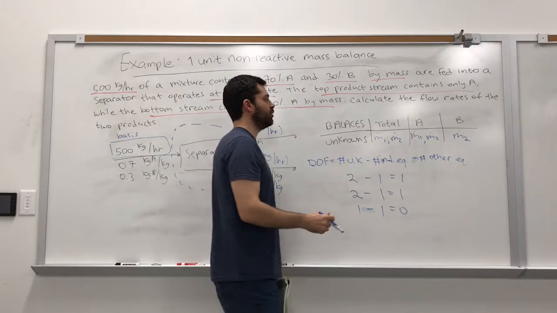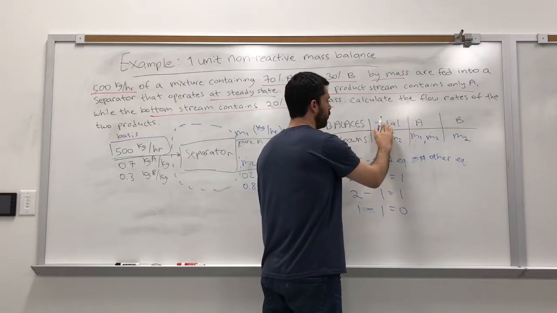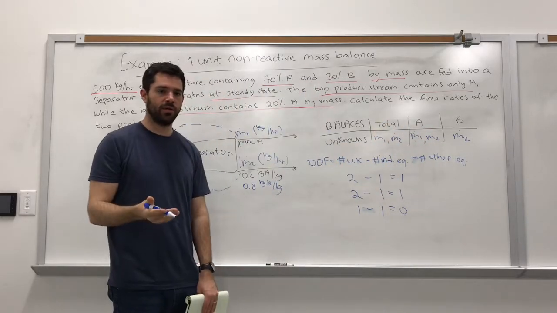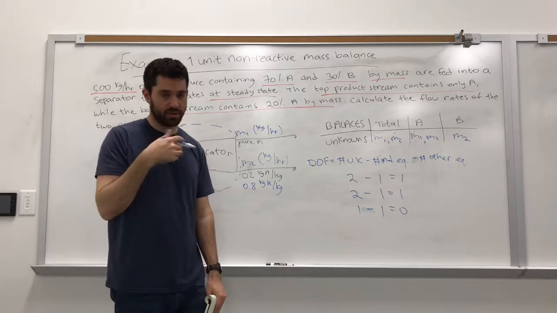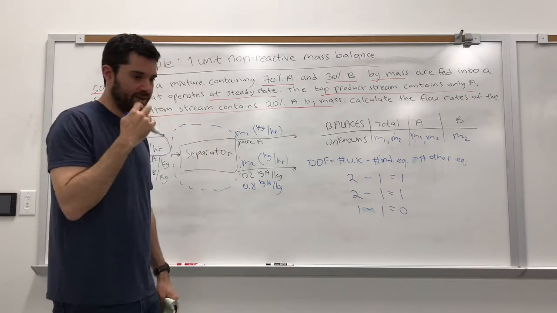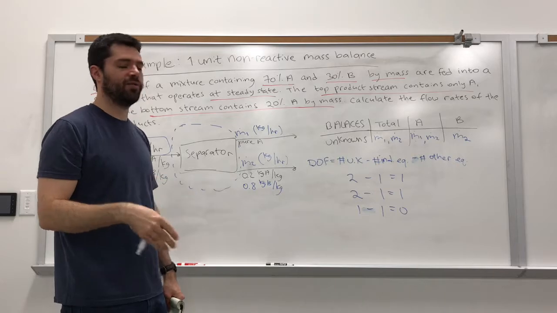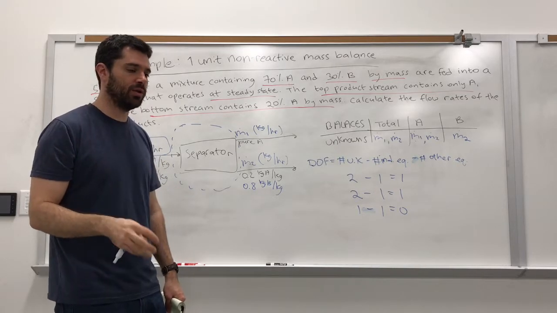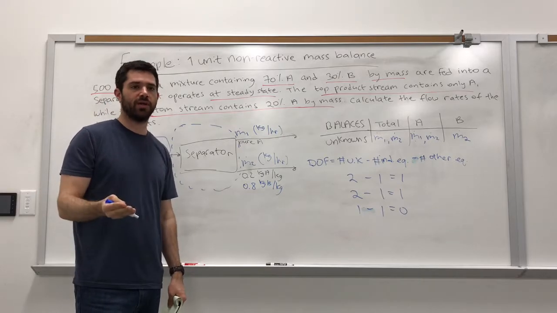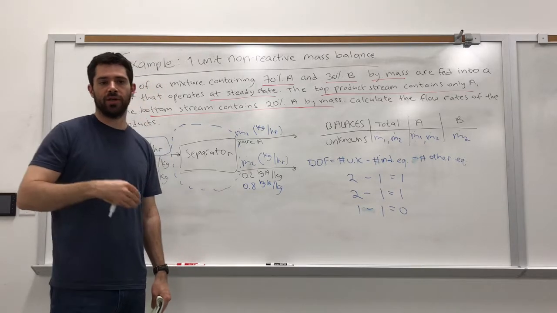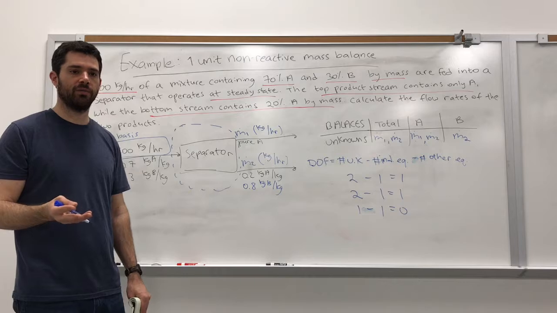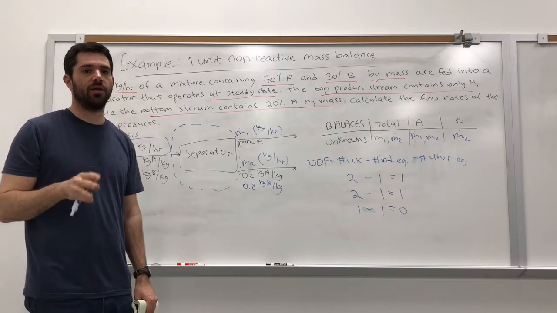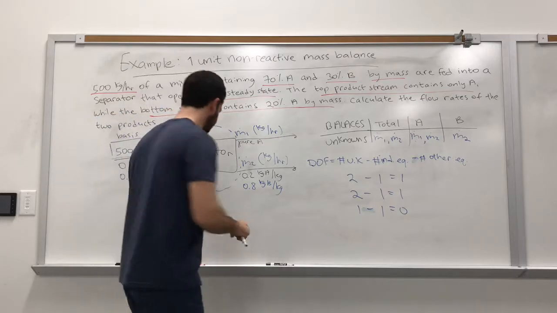Now, obviously, you can just take the total balance and the balance on A and solve them simultaneously in a system of equations, and you'll get the solution to both of them. But the idea here is to simplify your life and only try to solve one balance at a time to get a piece of information that you need. As the problems get more complex, you'll find that you can really ignore a lot of the balances, and find a very smooth and elegant way to get to the solution you need.